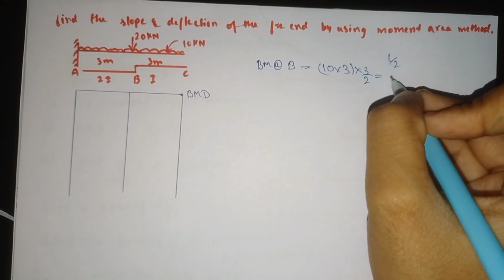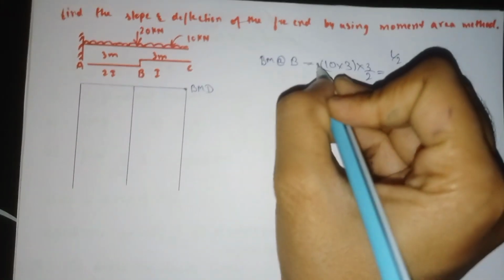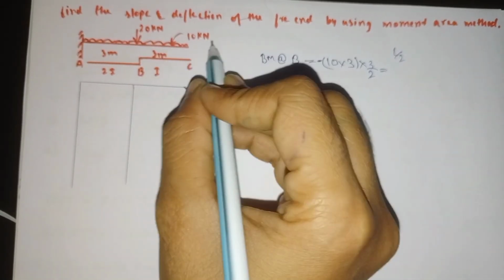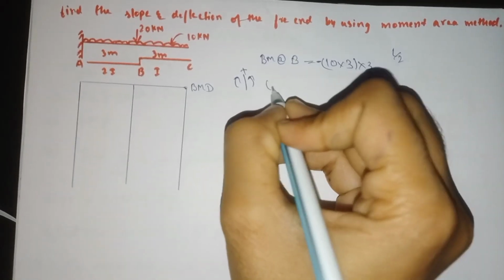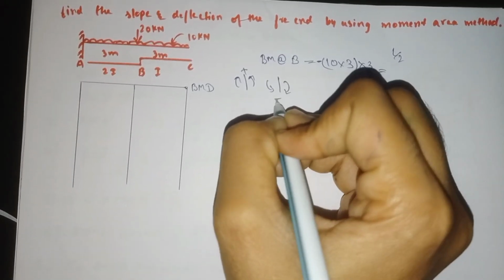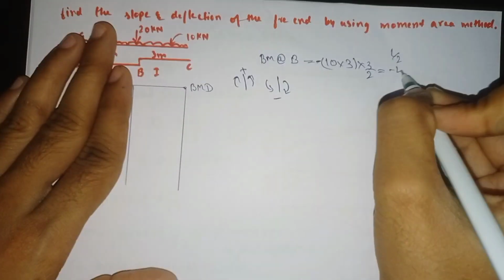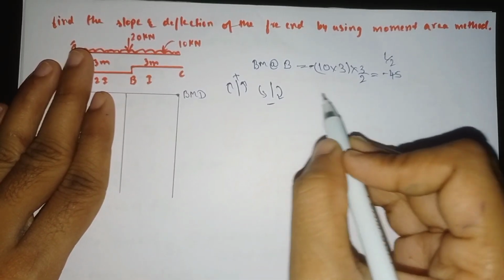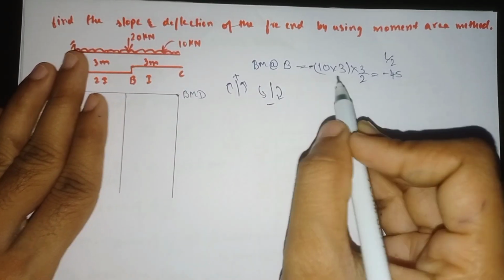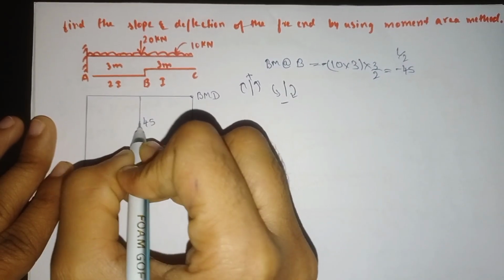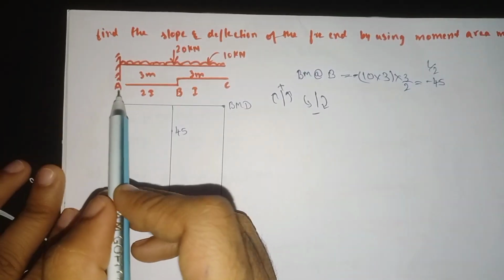It is negative, because if you convert the UDL to a point load it moves downward. Whichever moves upward we take as positive, and whichever moves downward we take as negative. So minus 45 will be the bending moment at point B, and it comes here as 45.